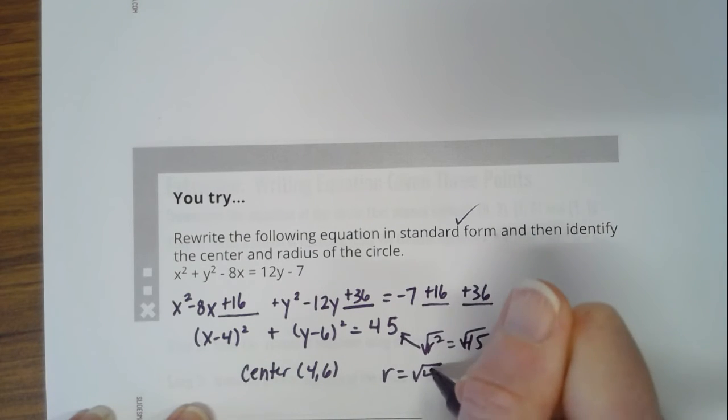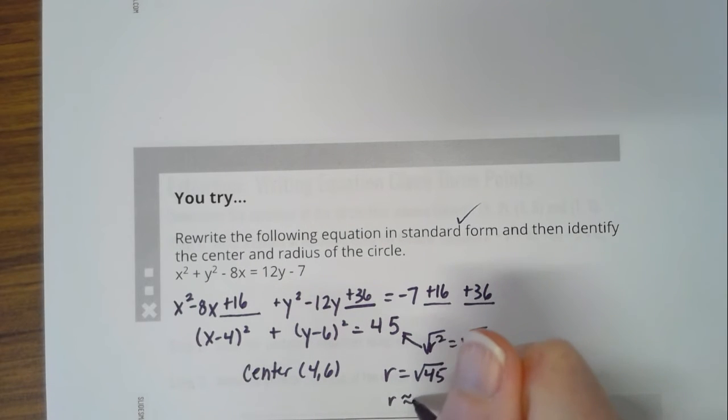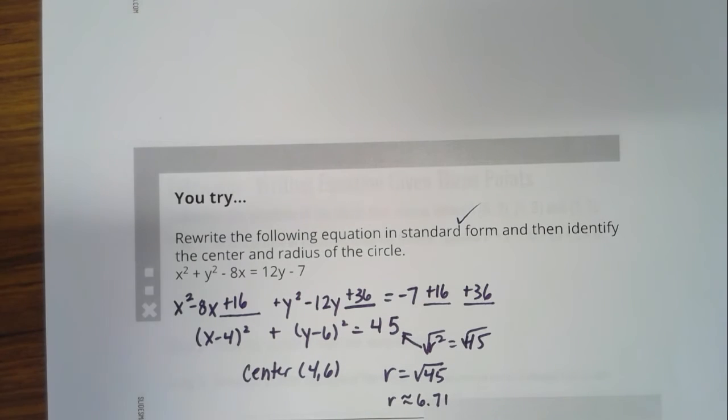So depending on how the question looks, we could say r is the square root of 45. It's not a perfect square, so I can't simplify that. So I would use my calculator and I could get an approximate value and say it's approximately 6.71. Yeah, that's our right answer for that.